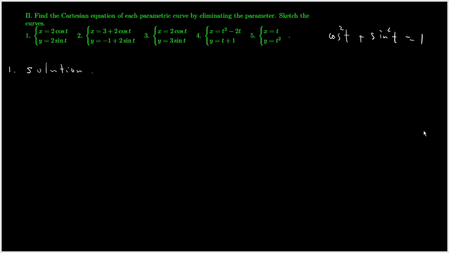That's question 1. Maybe I'm going to copy the question so that it's easier for me to label something. x is equal to 2 cos of t, and y is equal to 2 sine of t.